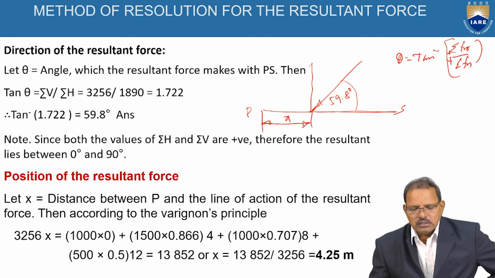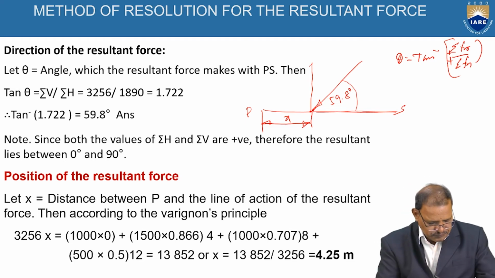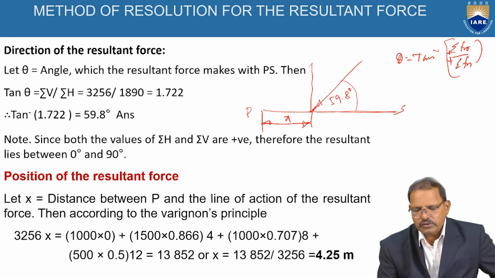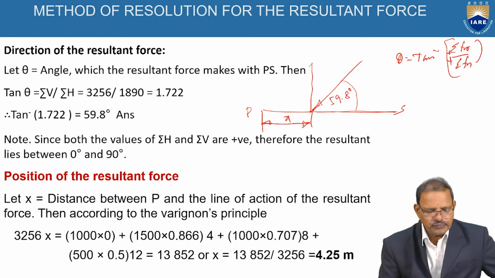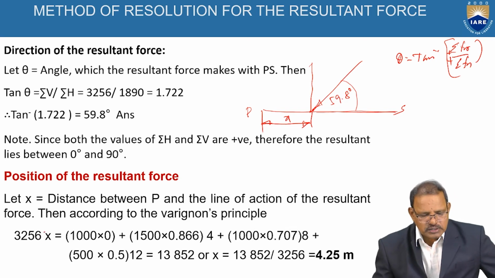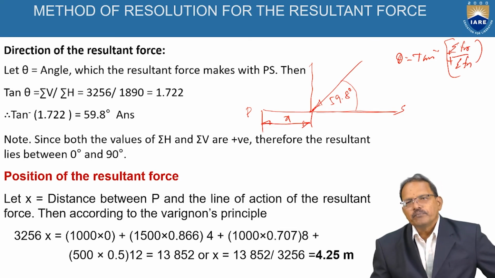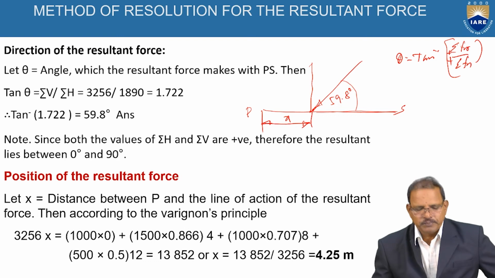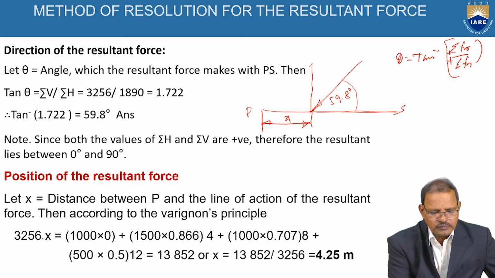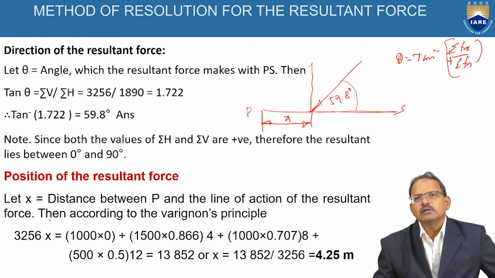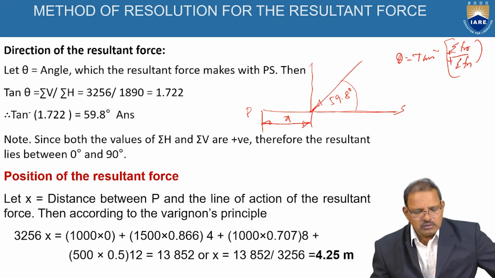Hence, the moment created by the vertical component of the resultant force at P is given by 3256, which is the vertical component of the resultant force, into x, the distance between the point of application of the resultant force and P, equal to 3256 into x as shown in the figure, which should be equal to the moment created by the forces.